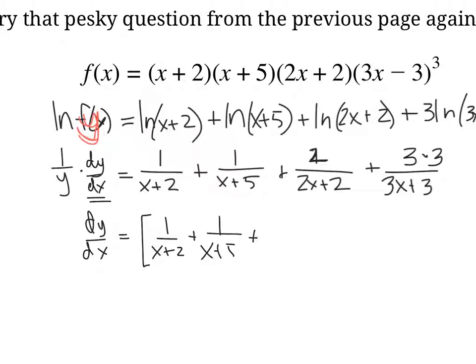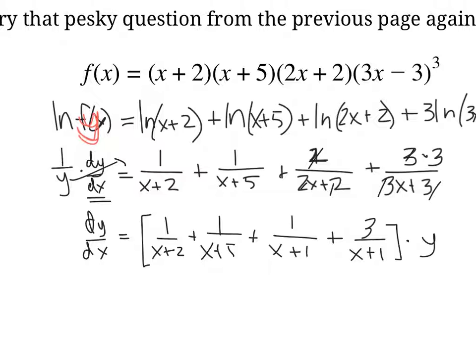So I'm just going to cancel out those 2's. So it ends up being 1 over x plus 1, and then plus, and again, the 3's are going to cancel out, or simplify. So I'm going to go 3 over x plus 1, all times, if we cross multiply that y from this side to the other side, all times y.